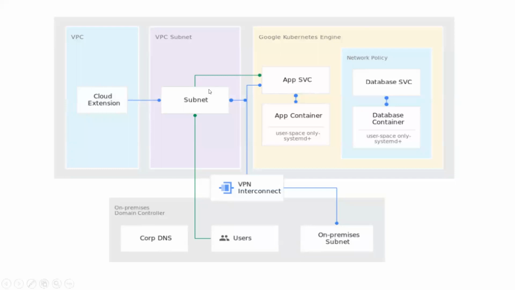Here they are using VPN connectivity. Let's say this scenario happens: I have an on-prem application, but I'm about to deploy it into my GKE cluster, Google Kubernetes Engine. I'm supposed to deploy my on-prem application into my cloud space here. Still, through a VPN internet connection, we can do that.